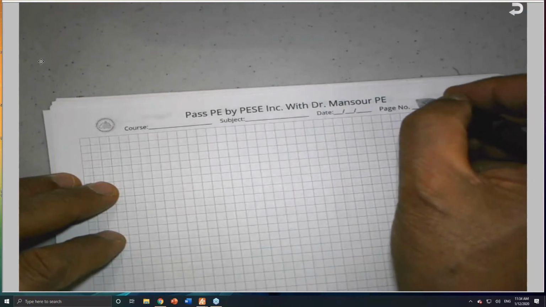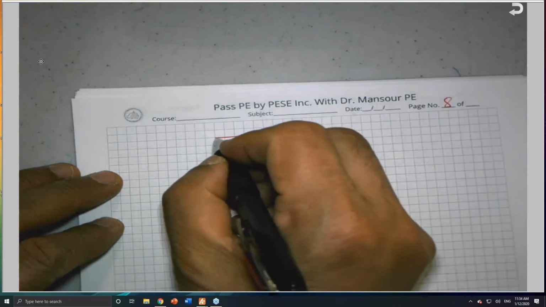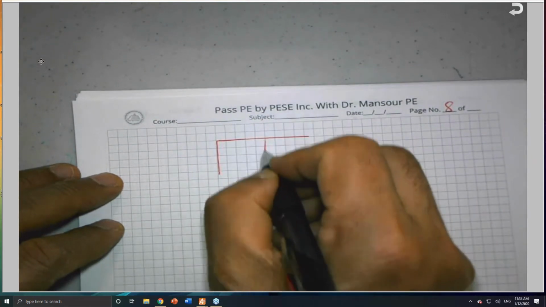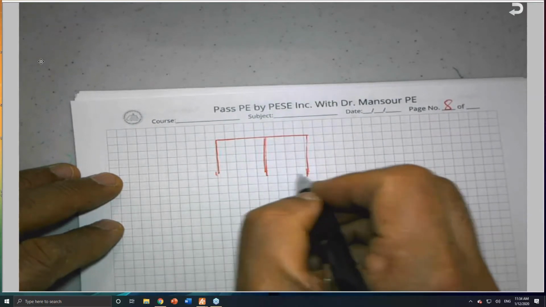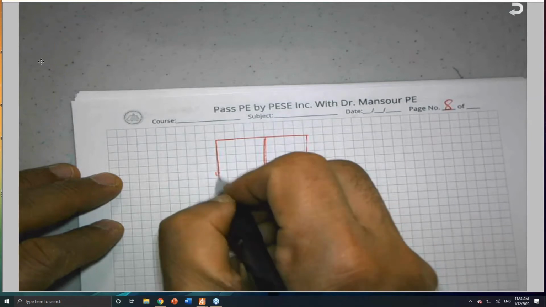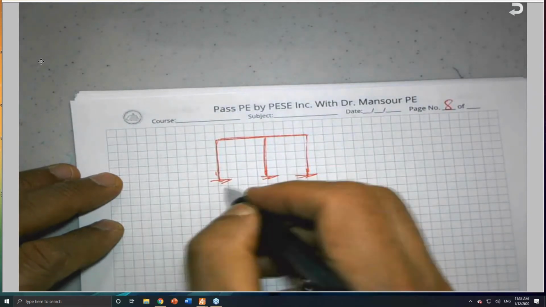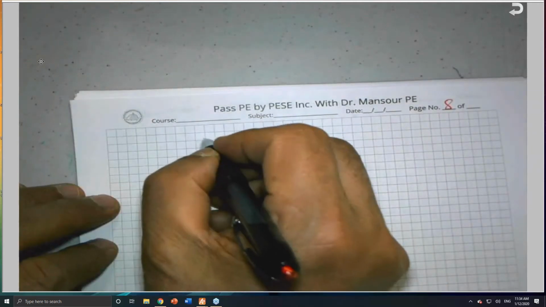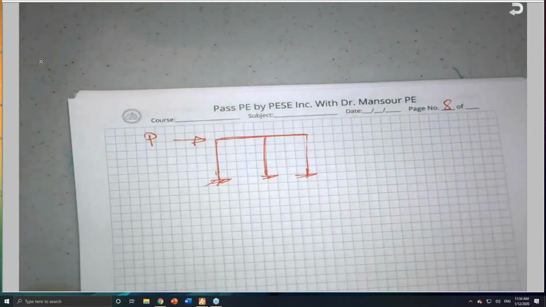And let me show it one more time, if I didn't show it before. This is one of the 7 rules, by the way. So if you do have a building like this, or a structure, or a bridge, and I have a force P, lateral force, this is the lateral force coming from the side.